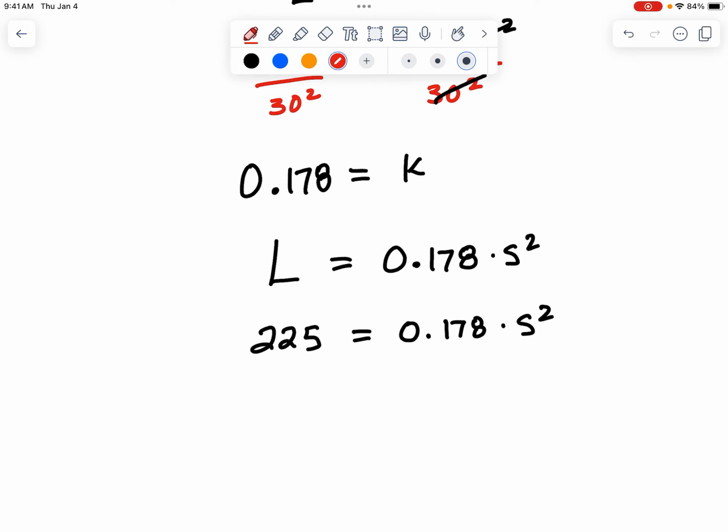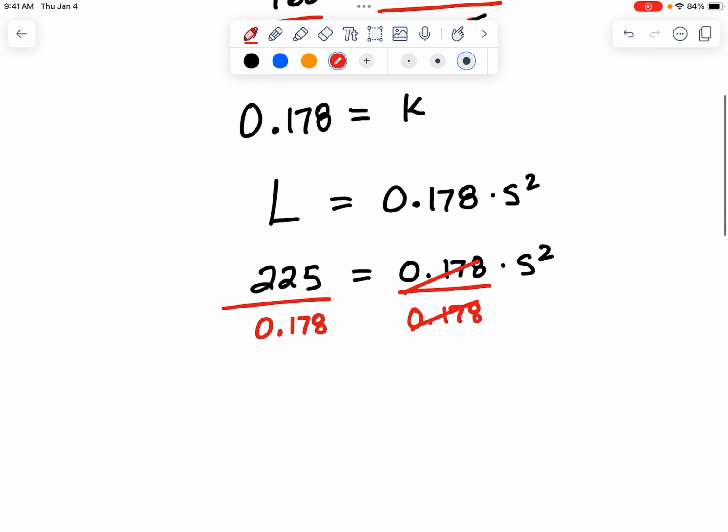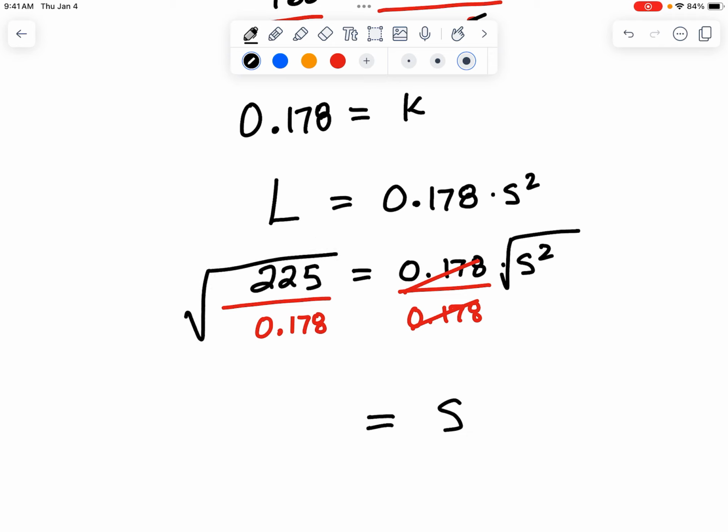So first, what I would do is divide both sides by 0.178, and I'm not going to figure that out on the left side until I'm done with this algebra. The next thing I could do is take the square root in order to get rid of the squared so that this is just S, but that means I need to square root this side as well. So I need to know what's the square root of 225 divided by 0.178.